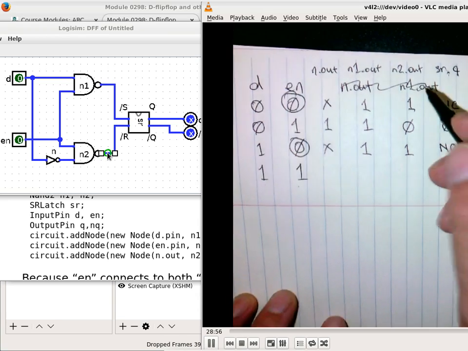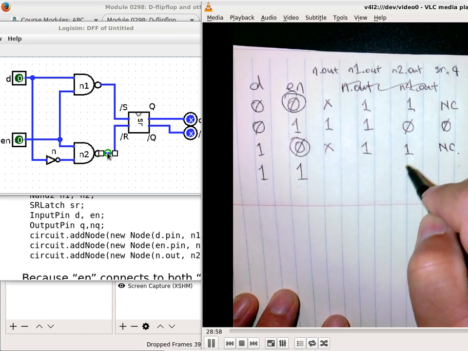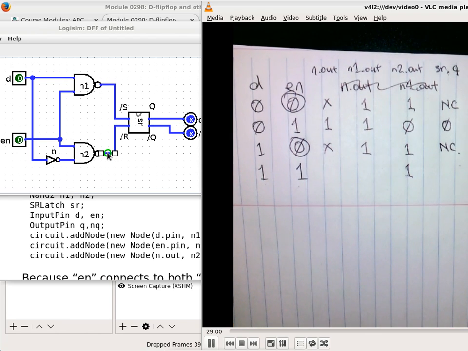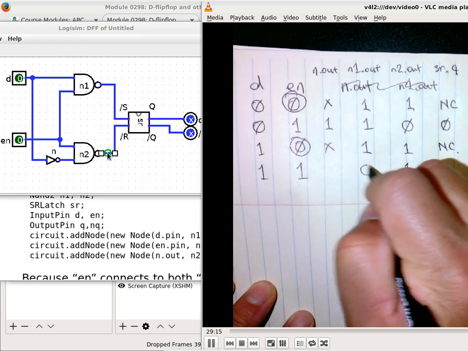So N2 has an output of a 1. What about N1? D is 1, En is 1 as well. When you have two 1s going into the input of a NAND gate, the output is a 0. Okay? So N1.out is going to have a 0 here.